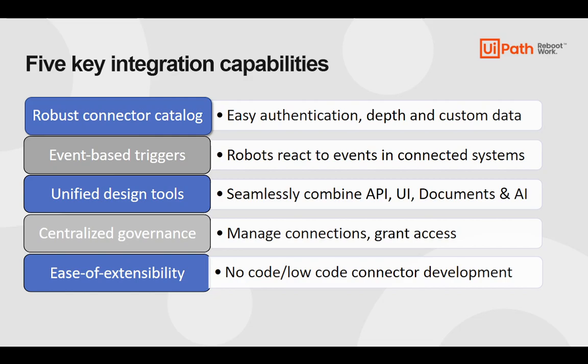And lastly, does the platform have a scalable polling framework to be able to automate and establish triggers even if the endpoint doesn't have webhooks? Oftentimes we think about eventing with webhooks, but less than 30% of business application API endpoints support webhooks.